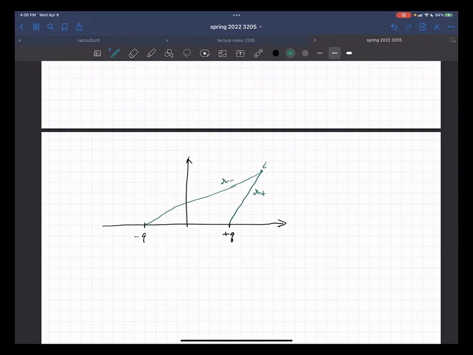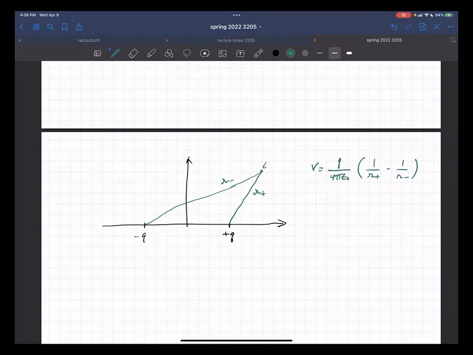And okay, so the voltage there is Q over 4 pi epsilon naught times 1 over R plus minus 1 over, excuse me, R minus.